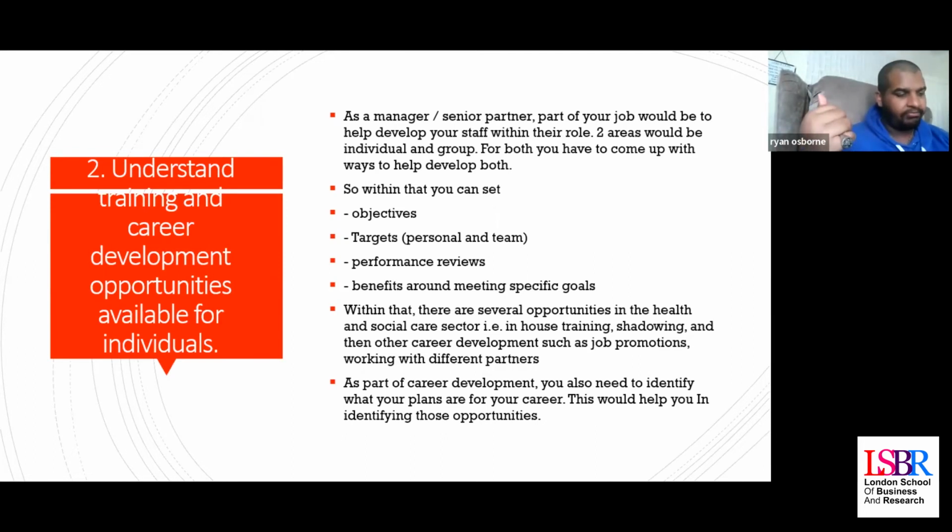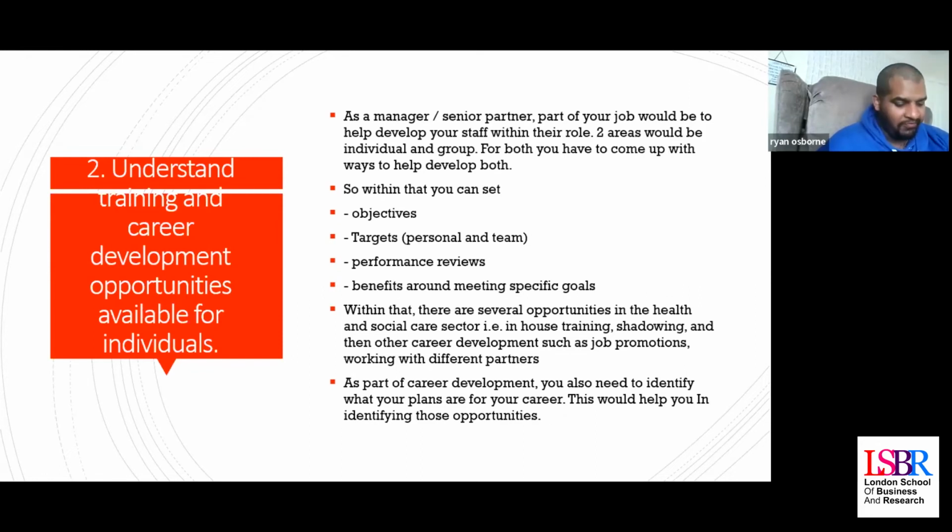It could be that everybody within the company must apply for their DBS by next week, next month or next year. Another team target could be that everybody must be educated to a level two standard, or everybody working within the team must have had 2 to 3 weeks training around their job. So you give them certain targets that they have to meet, which brings us onto performance reviews.